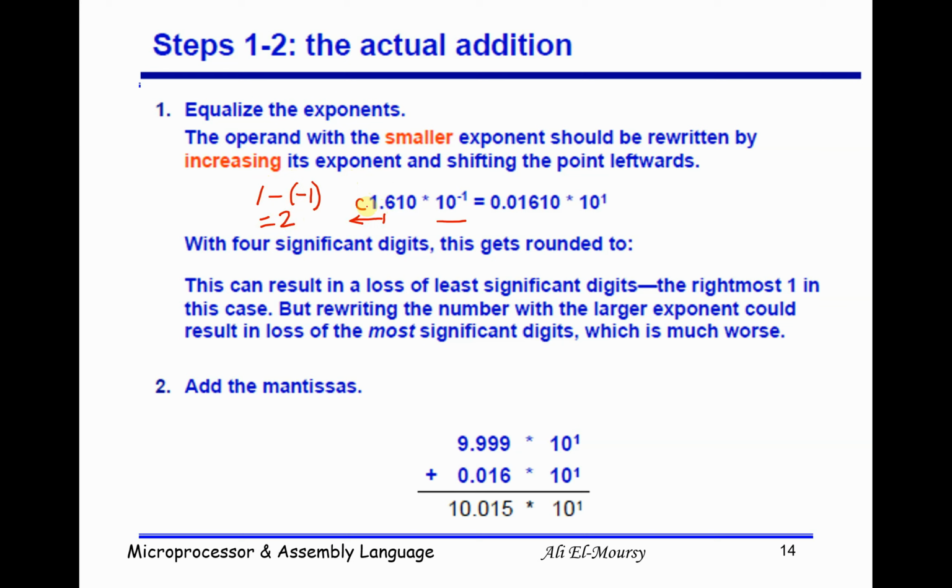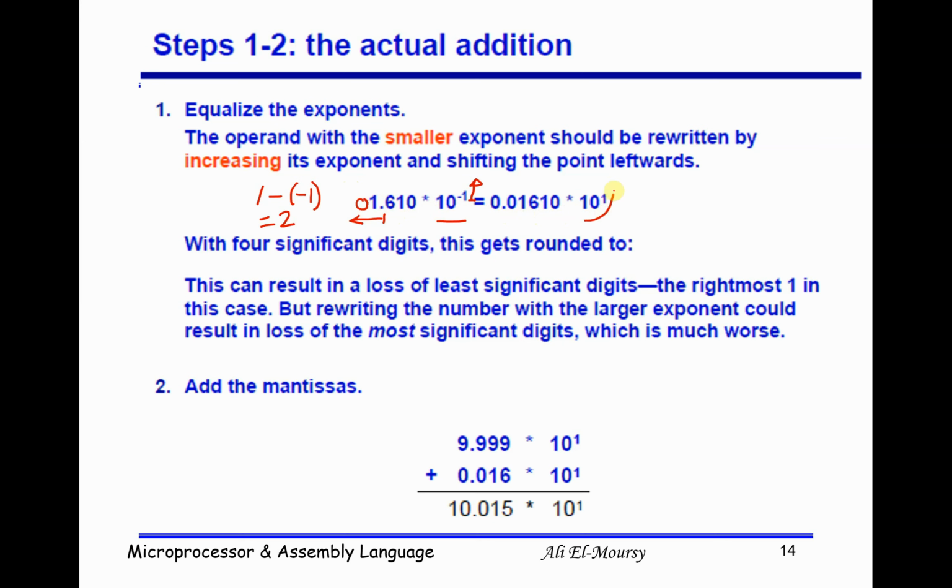Definitely this is unsigned or magnitude, so I can add 0 here, and shifting the decimal point 2 places to the left allows me to raise the exponent by 2 to match the other one. So after the shifting the number would be 0.01610 multiplied by 10 to the power 1.